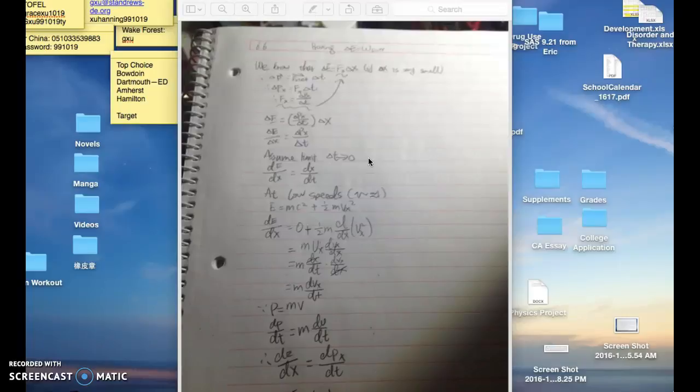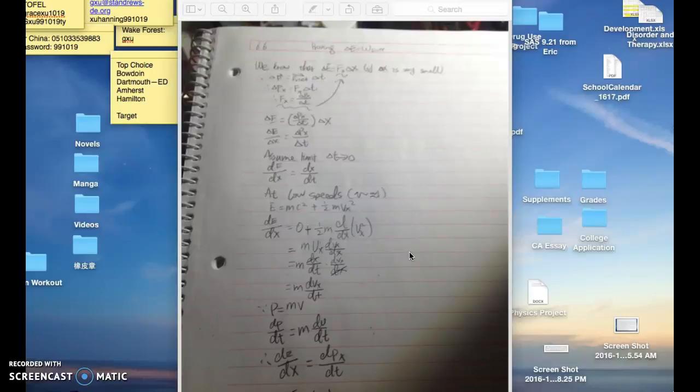Then we take the derivative of both sides, so dE over dx would be 0 since it's all constants here, plus 1/2 m and the derivative of vx squared.